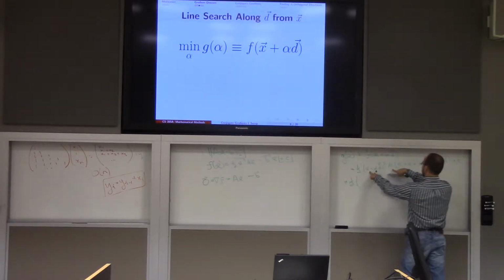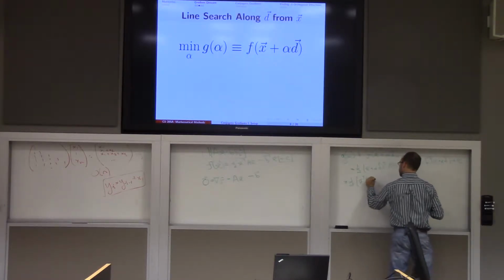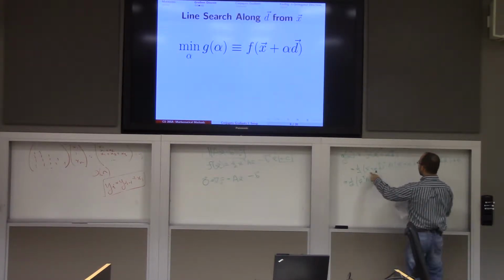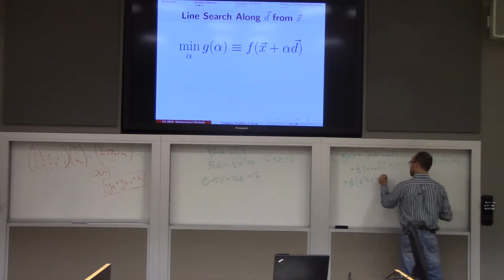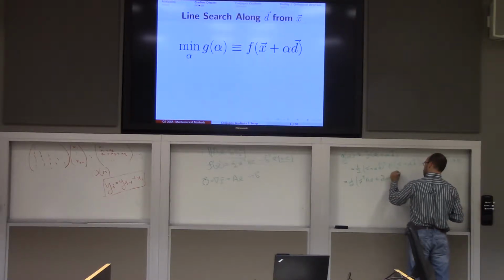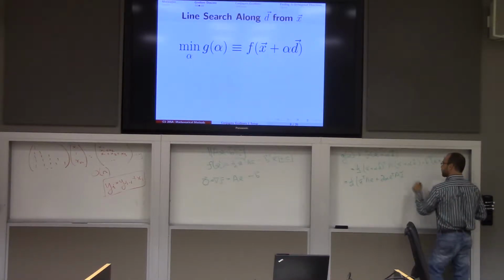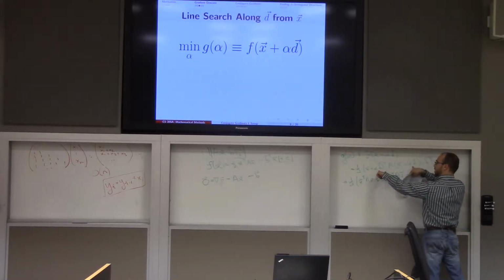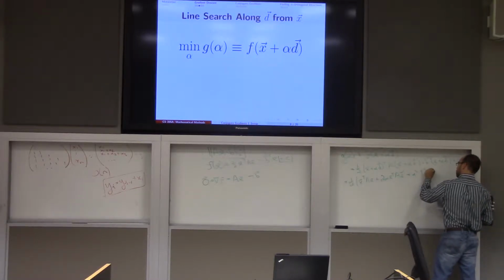Right? So you're going to get an x transpose A x plus, now the nice thing is that A is symmetric, so in fact I know that the middle term looks like 2 times alpha x transpose times A times d. Hopefully I did that right. Yep. Plus, and then these two terms, alpha squared d transpose A d.